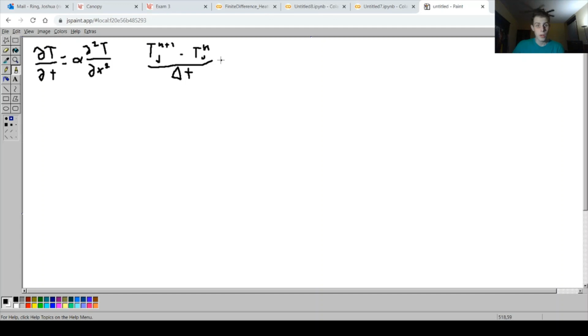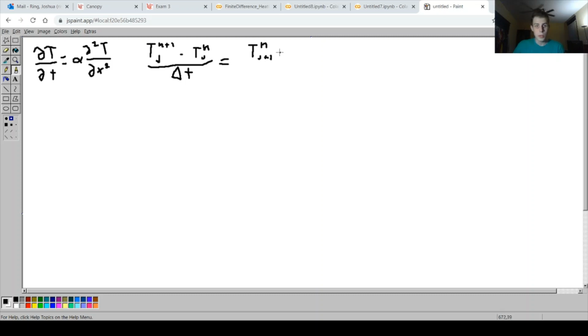So now, since we've already manipulated the left-hand side, obviously we have to do the right-hand side now. And obviously they'd still be equal to each other. So we will have some temperature at position j plus 1, and our time here is just n.